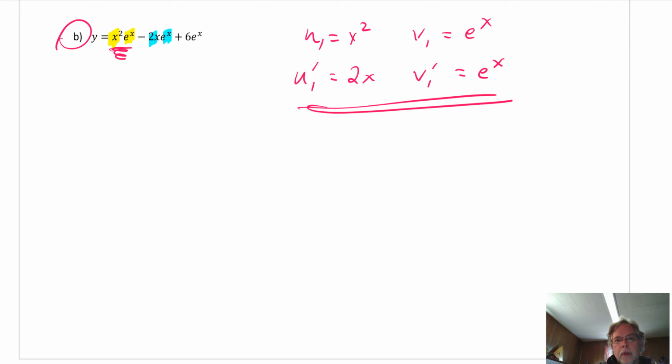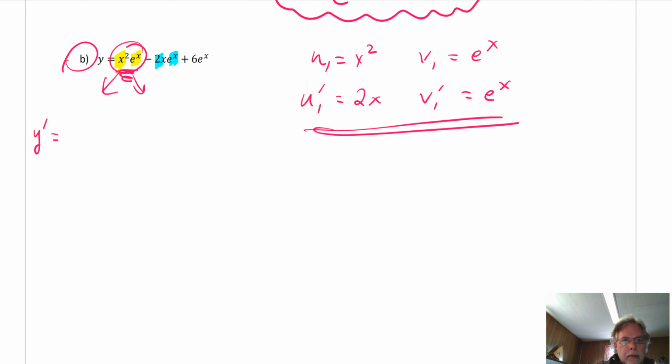Okay, so I'm going to come over here and write down y prime equals, here comes the product rule just for this. So it's going to split into two terms using the product rule. Remember, the product rule is the derivative of u times v equals u prime v plus u v prime. So here we go.